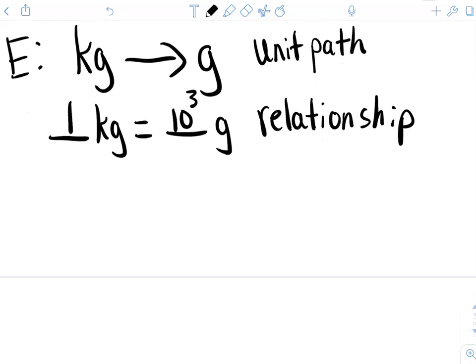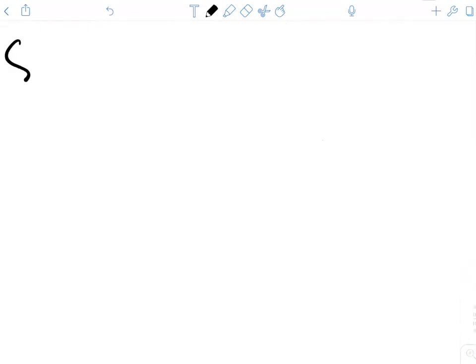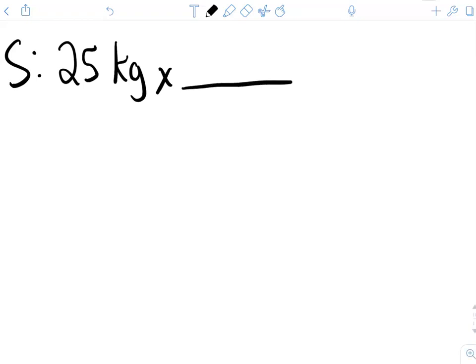Now we're going to go through and we're going to solve. So you always start with what you're given, which in this case was the 25 kilograms. Now, if I start with kilograms on the top, what has to go on the bottom? The kilograms. And then the thing I'm trying to get to goes on the top, which in this case is grams.